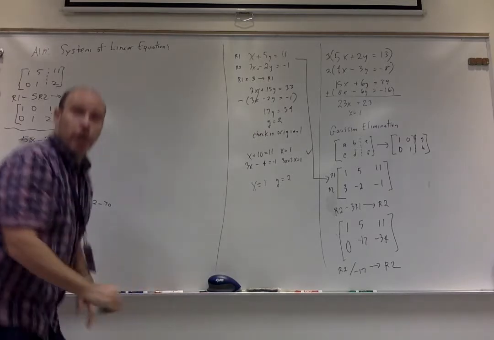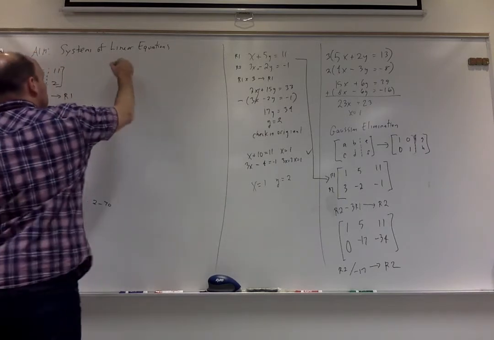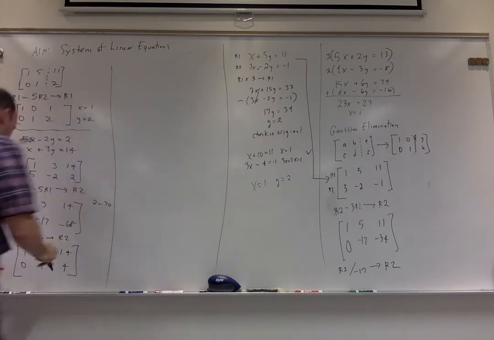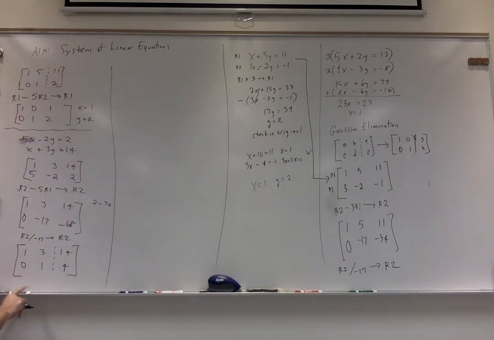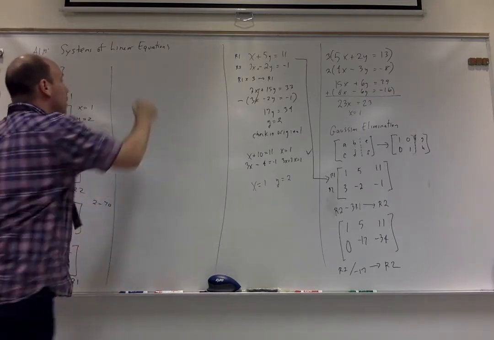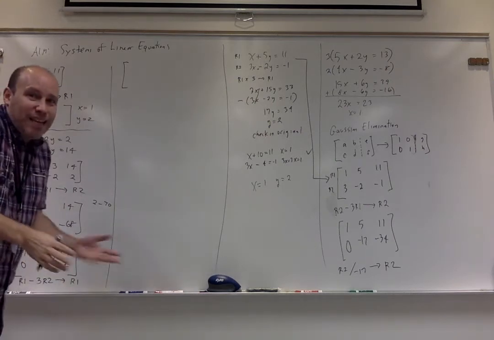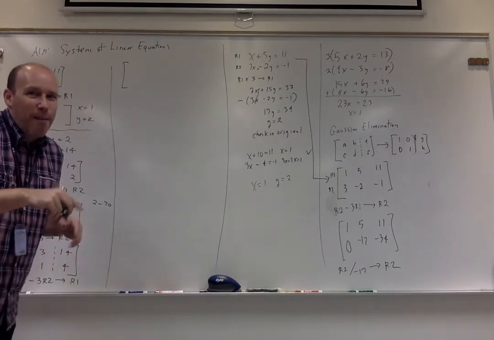Nice. Let's continue. We're almost done. What's my next instruction? Actually, I can write it down here. What's my next instruction? Row 1 minus 3 times row 2 is my new row 1. Since I didn't have any instruction for row 2, I'm going to write that over.